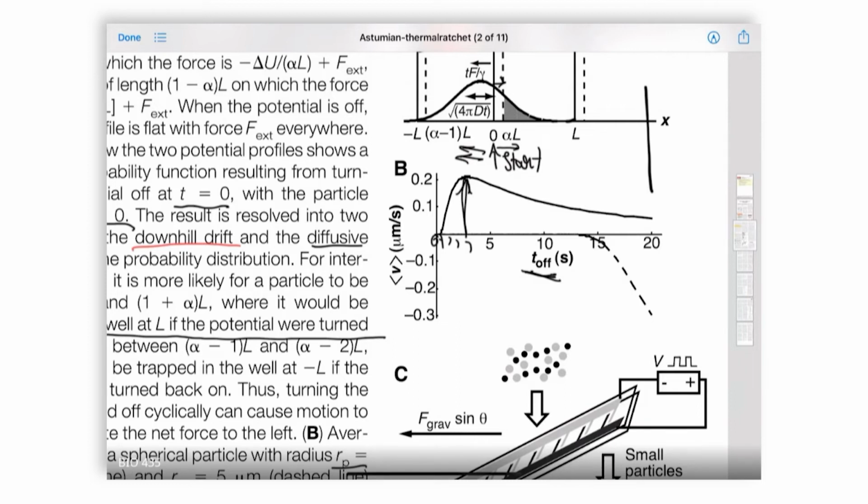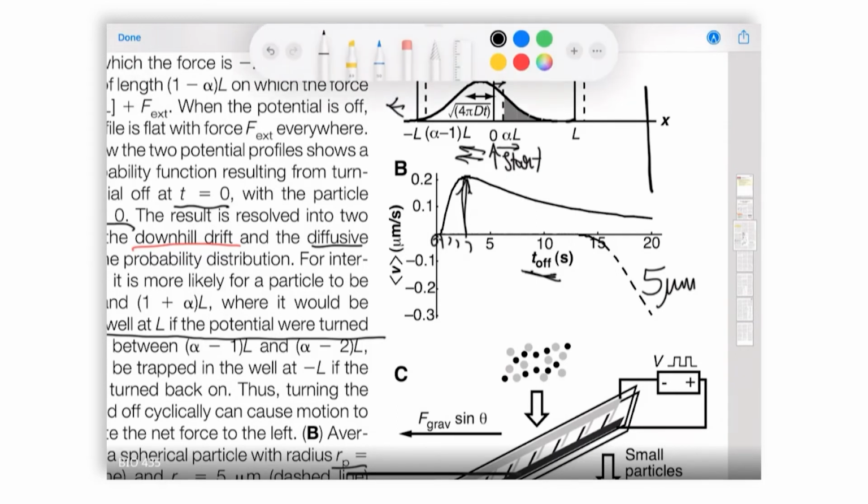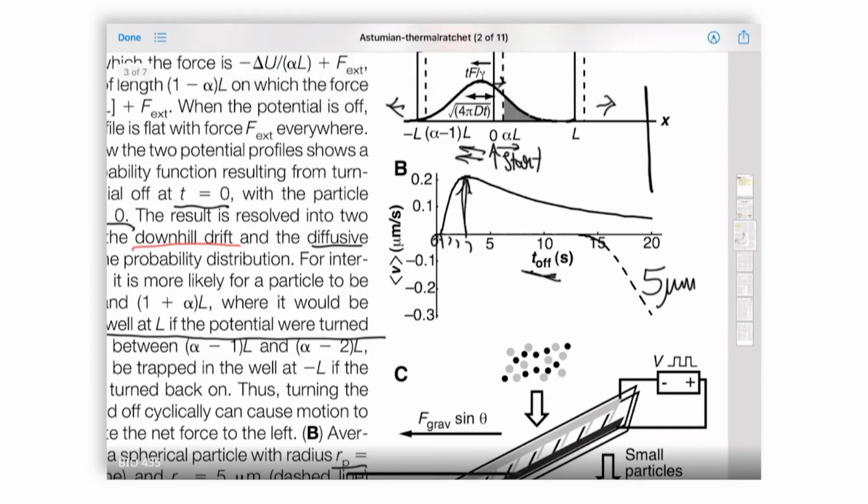On the other hand, the 5 micron particle will indeed undergo negative velocity, and positive and negative is with respect to the x-axis over here. Negative is this direction, positive is this direction. So this should be sort of straightforward.